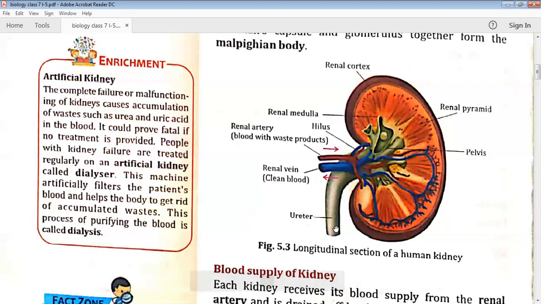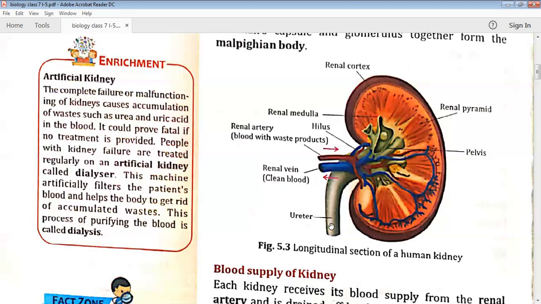As you know, in the renal excretory system, the last part was the ureter, which is connected to the urinary bladder. So this pelvis, which collects the urine, is connected to the ureter, which is connected to the urinary bladder.